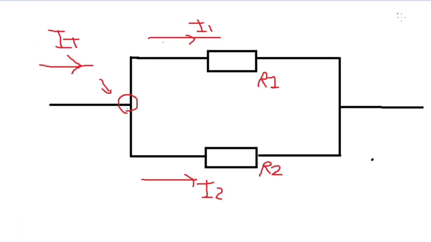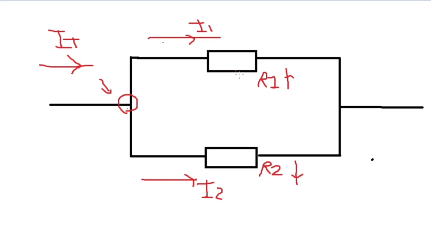Another very important piece of information to know is that the way current splits between the branches depends on each branch's resistance. So the more resistant the branch is, the less current goes in the branch. So let's say R1 had more resistance than R2. Which branch would have more current?